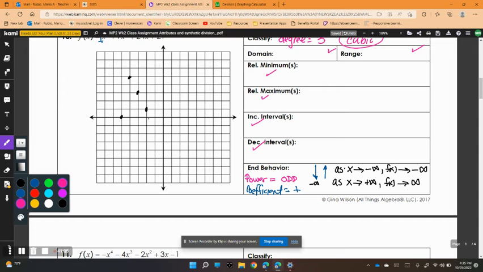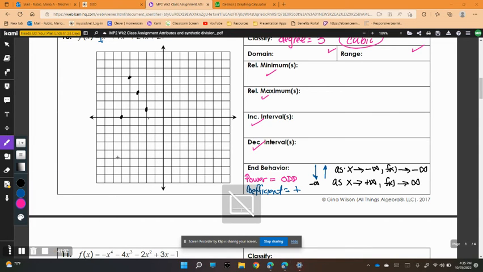So now I have some points there that I can use to create my graph, and I know it's going to look something like this.